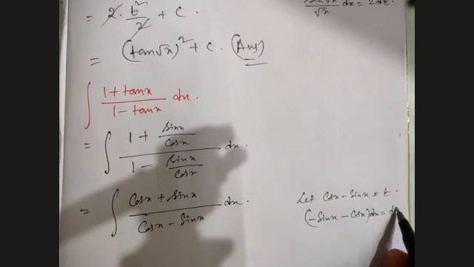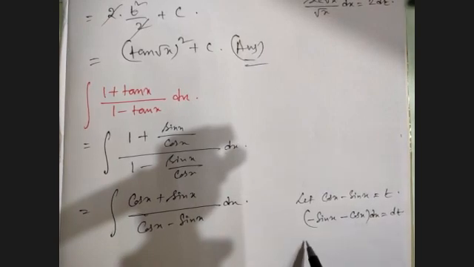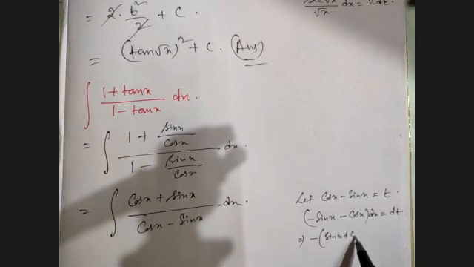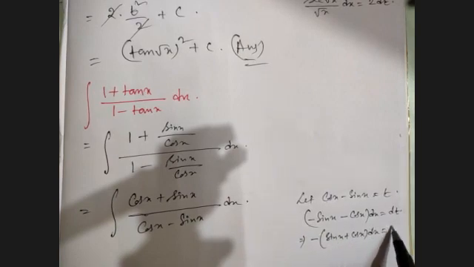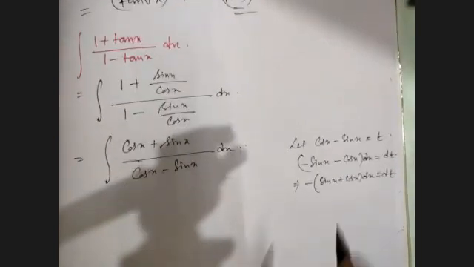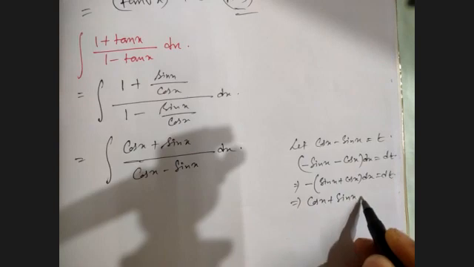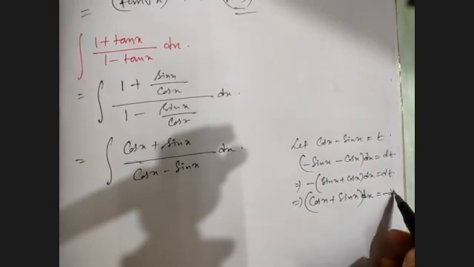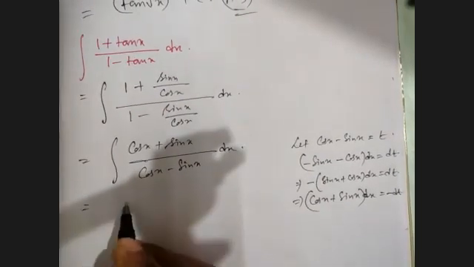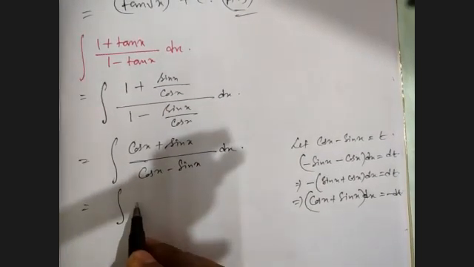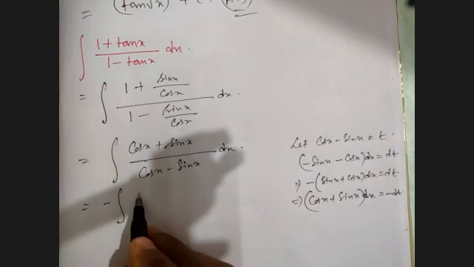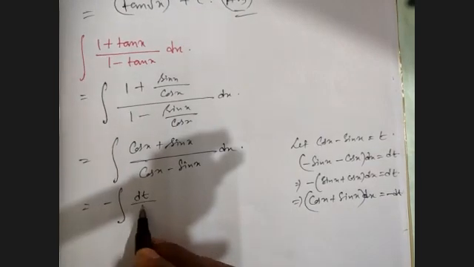Minus, if you take common, minus of sine x plus cos x dx equals dt. That means cos x plus sine x dx equals minus dt. Now you can easily replace. So here you will get minus dt by t.